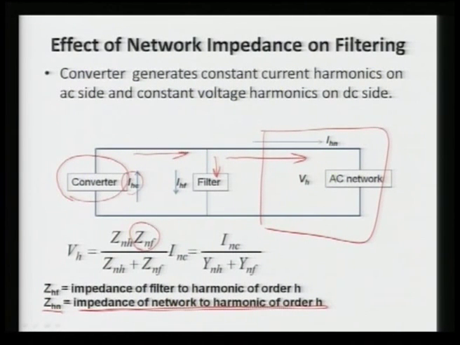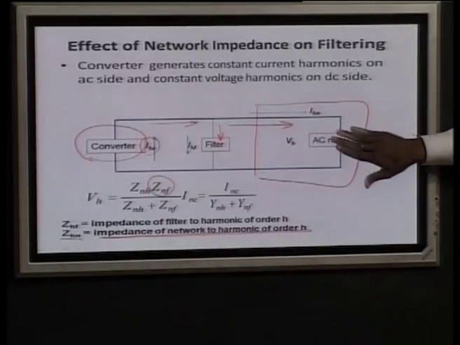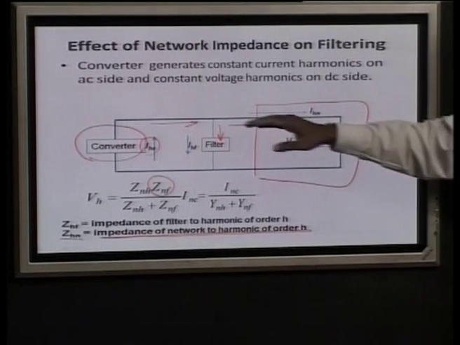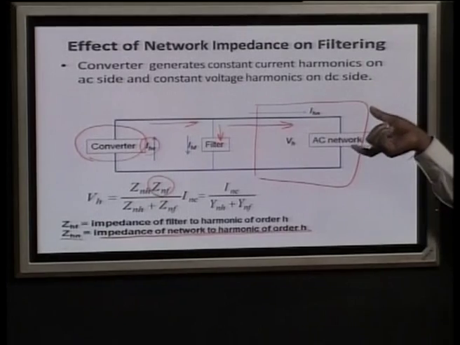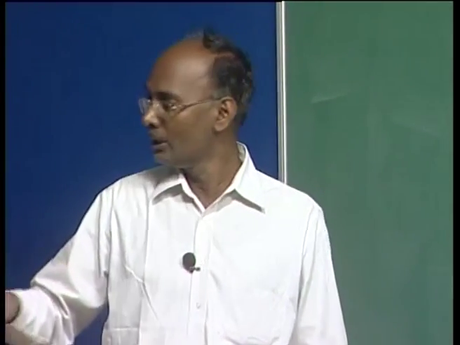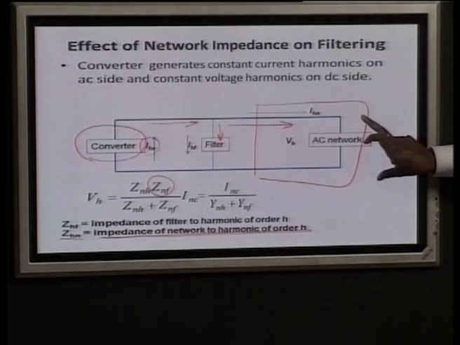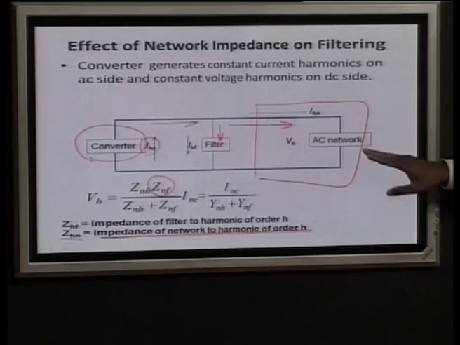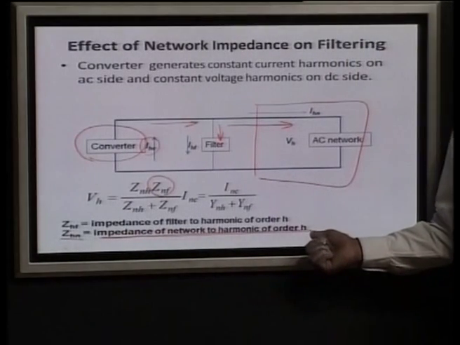No doubt the network has impedance for the fundamental component, this is the AC, and that is required because the network must carry the fundamental component. But it will also offer some impedance for your harmonic orders. If it is designed for fifth, then for fifth, if you see at the filter terminal, it will have some impedance. So, this Hn here means the impedance for order H.